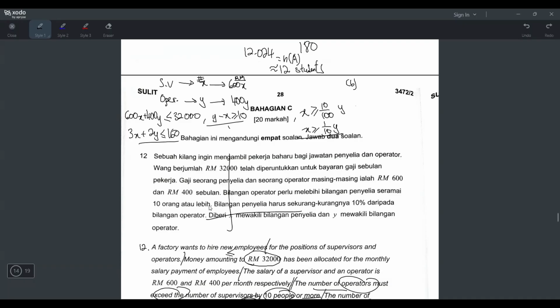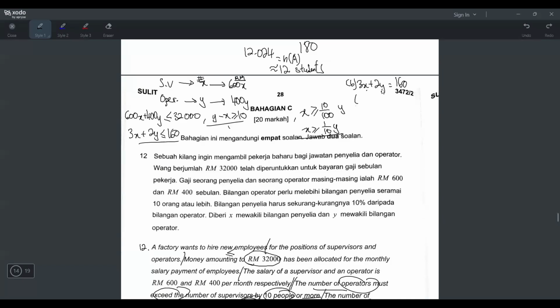If you don't have coordinate, how you supposed to draw? So let's try to find coordinate for this line. The first line will be 3x plus 2y equals 160. Change the smaller to equal first, because the smaller is for the kawasan. If you want the garisan, you change to equal.